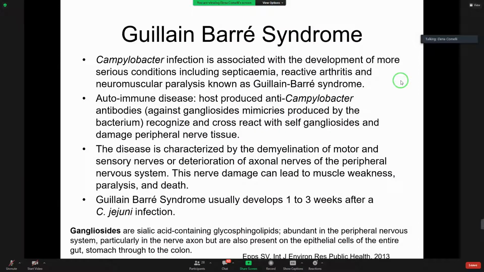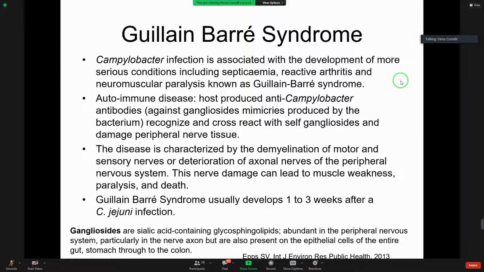Unfortunately, Campylobacter jejuni can come with a long-term consequence, which is a condition known as Guillain-Barré syndrome. This is an autoimmune disease. The host produces antibodies against Campylobacter, and specifically against gangliosides that are produced by the bacterium.